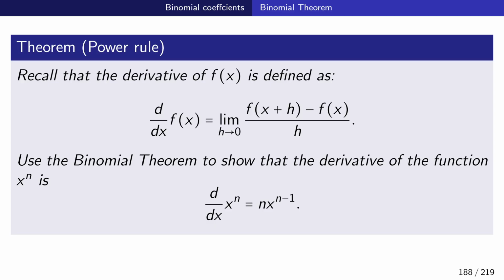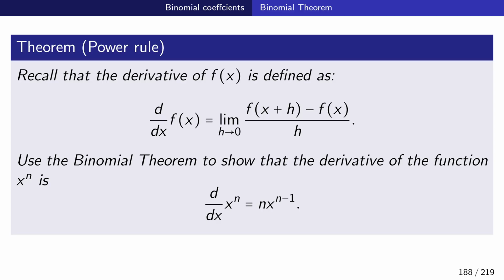But just in case you didn't believe me, we're going to use the binomial theorem to prove that the power rule works, which, don't get it twisted, the logic doesn't quite make sense. If we started there to get here, can we use the binomial theorem to get this and then use that to get the binomial theorem? I don't know if that's really fair, but I didn't write the rubric. I'm just the teacher.